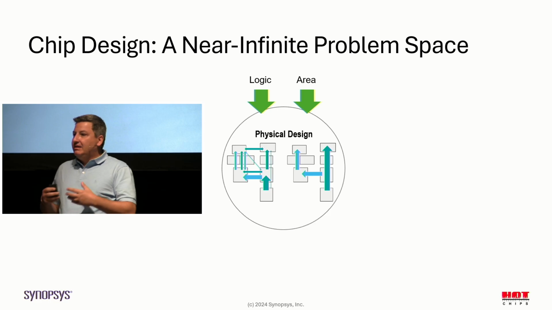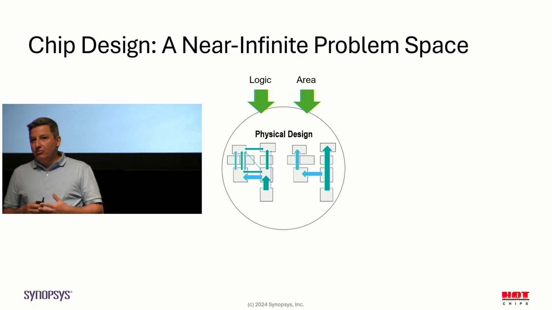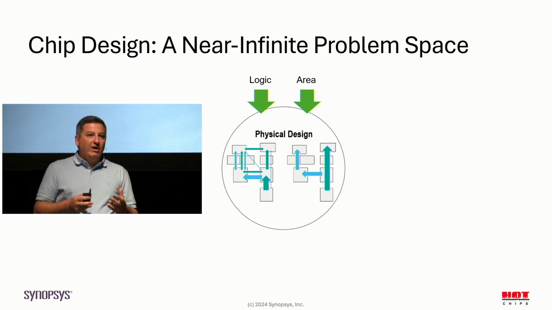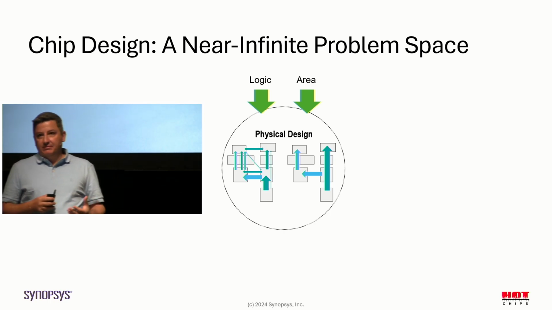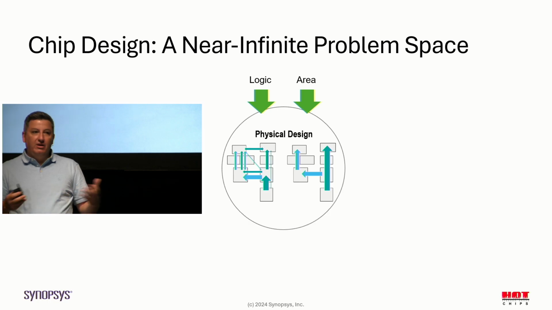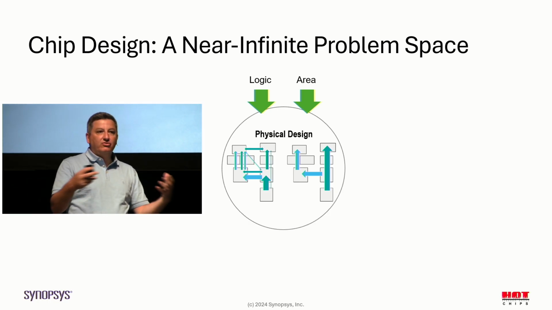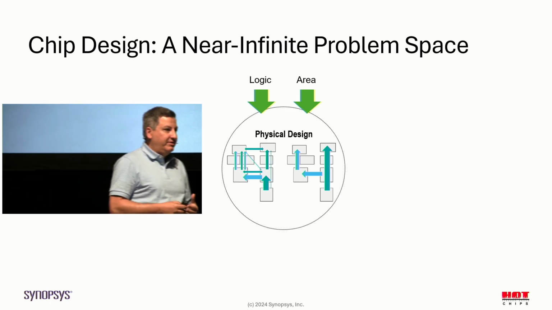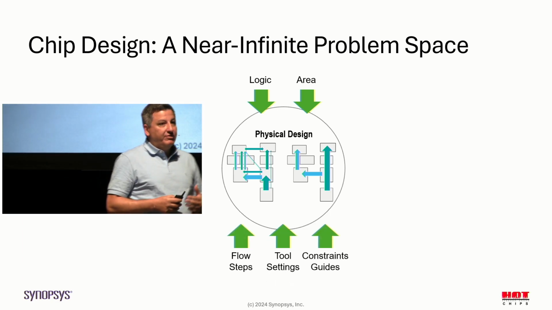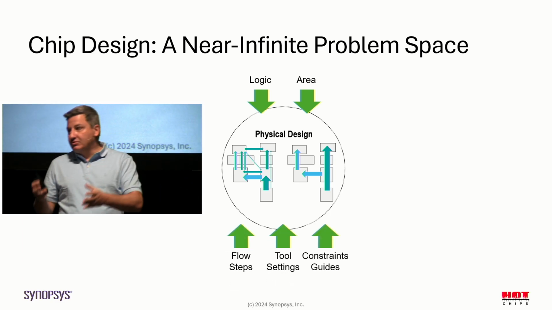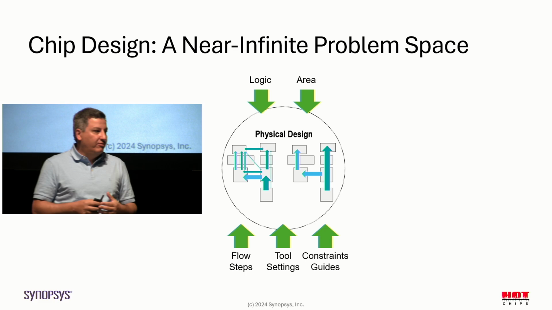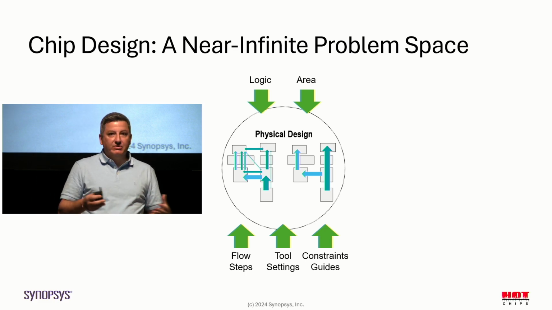So in any given chip design problem for layout optimization, we have the space of a lot of inputs. These inputs start with the logic itself, and constraints that have to do with the area that we have applied to the design. We also have a lot of constraints that we capture in flow steps, in tool settings, and overall guides that we insert into the design.